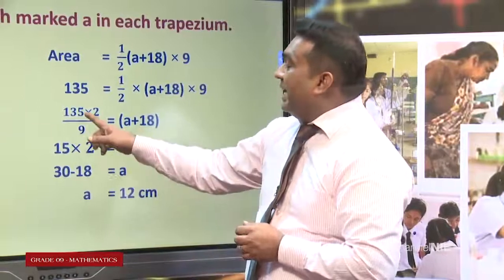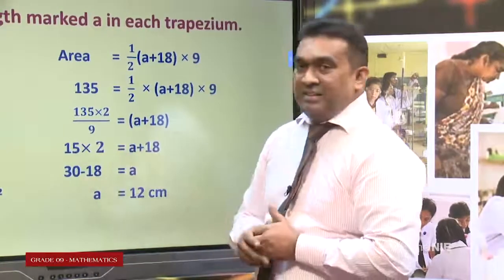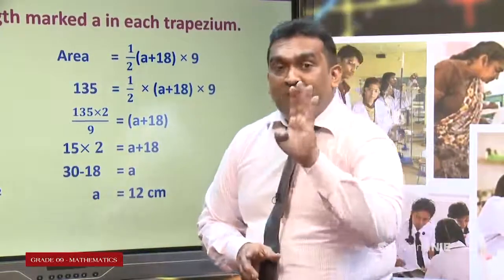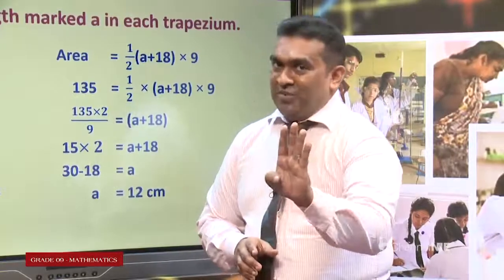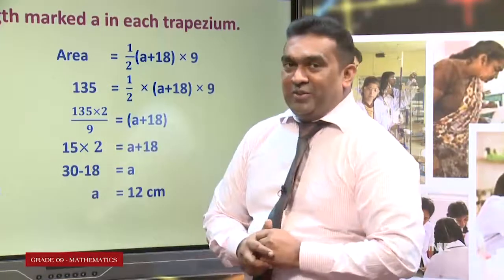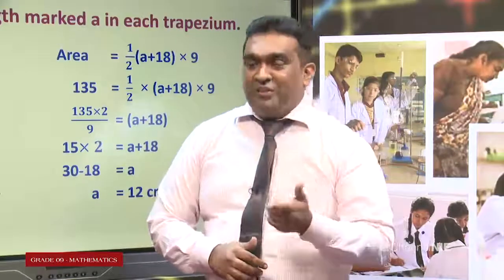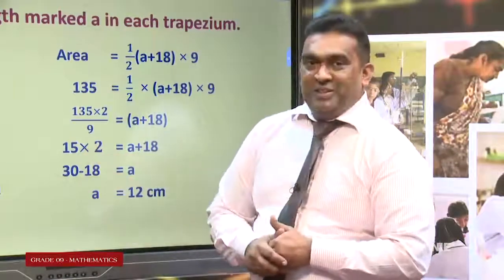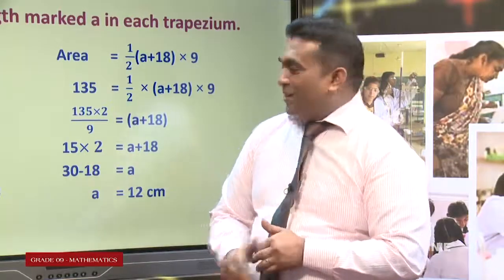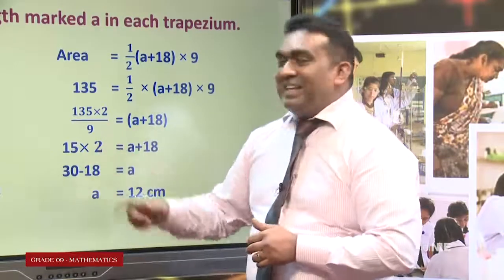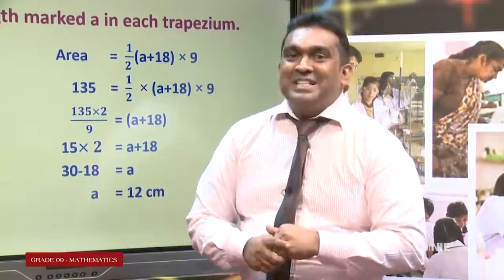How many 9s in 13? 1. Remains 4. Then you have 45. How many 9s in 45? 5. 15. Therefore, 135 over 9 is 15 centimeter.